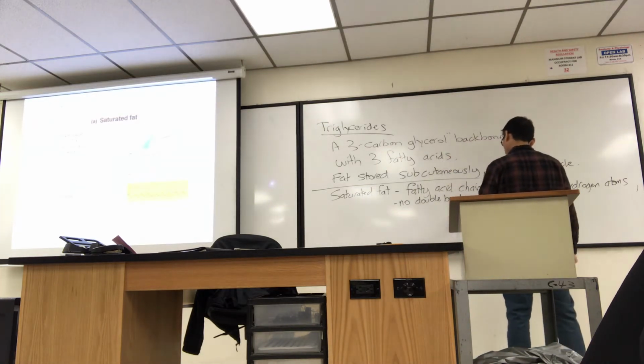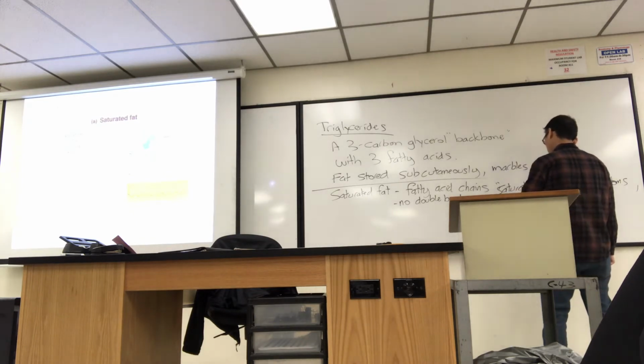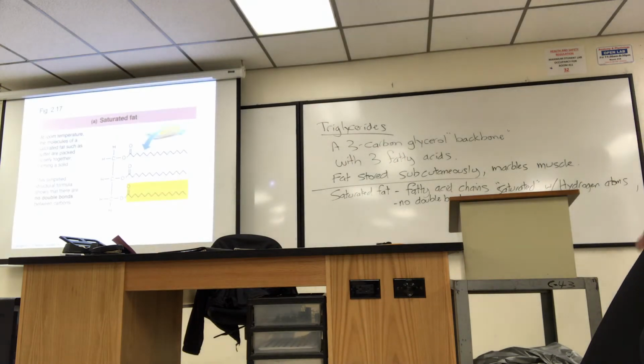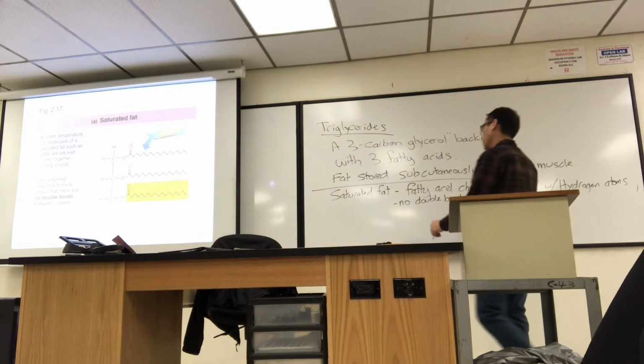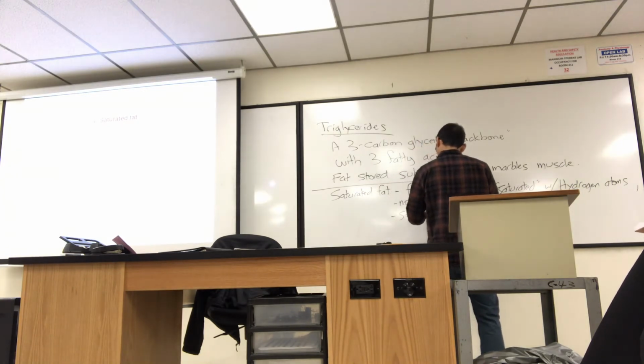Which means you can pack them tightly together, so that at room temperature they're solid, right? Like butter. Of course, you can melt the butter, but at room temperature it's solid. So foods that are high in saturated fats tend to be solid at room temp.